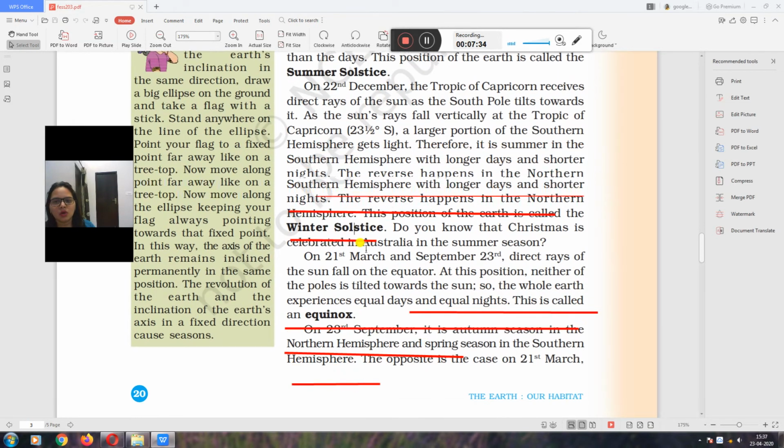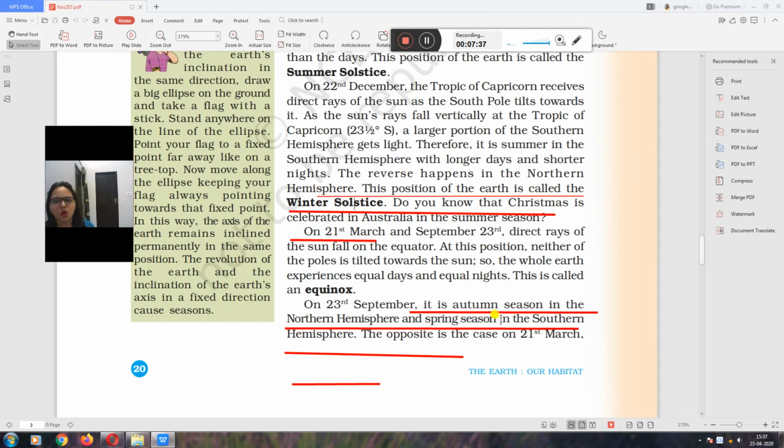On 23rd September, it is autumn season in the northern hemisphere and spring season in the southern hemisphere. The opposite is the case on 21st March. The two dates are here, 21st March and 23rd September.